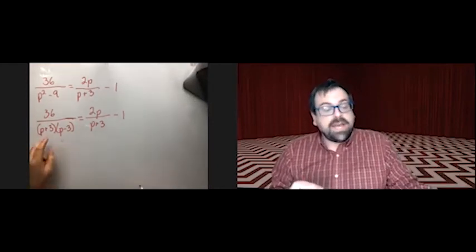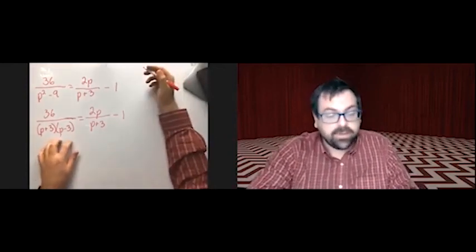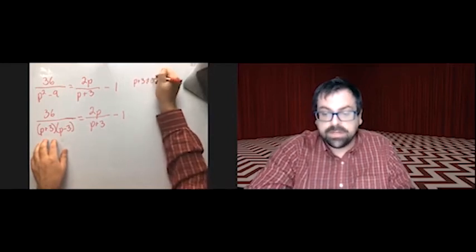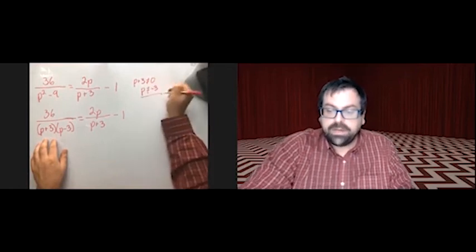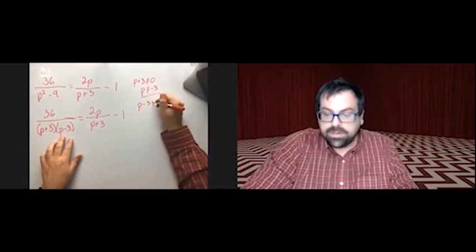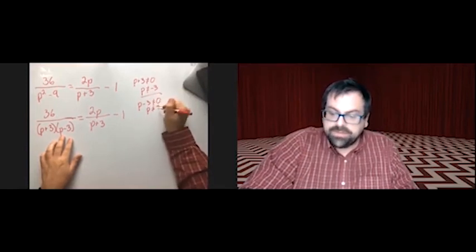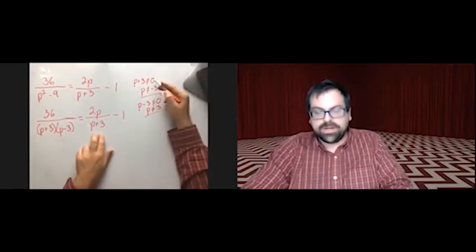It helps us find factors of the bottom that we know can't be equal to 0. So p plus 3 equals 0 isn't allowed. That means p can't be negative 3. p minus 3 isn't allowed, so p can't be positive 3. p plus 3 isn't allowed, we already did that.